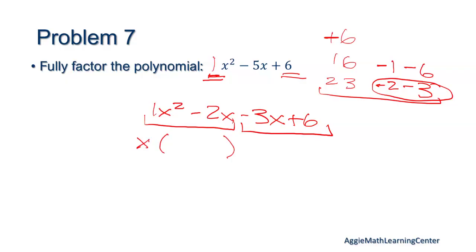X minus 2. Perfect. Any questions about how I got there? Okay, what about this second set of terms, -3x plus 6? Let's take a 3 out. And then we are left with -x plus 2.